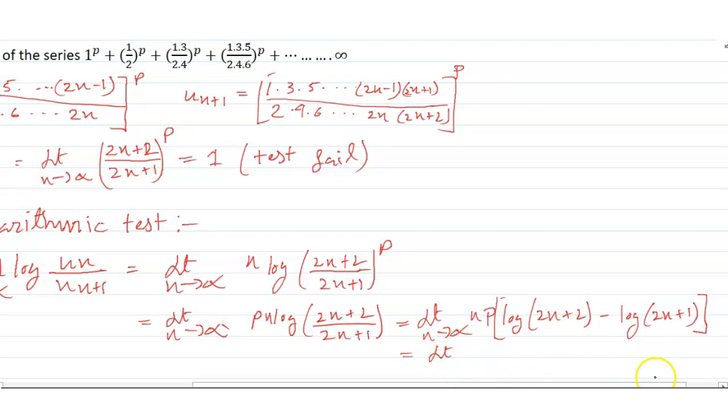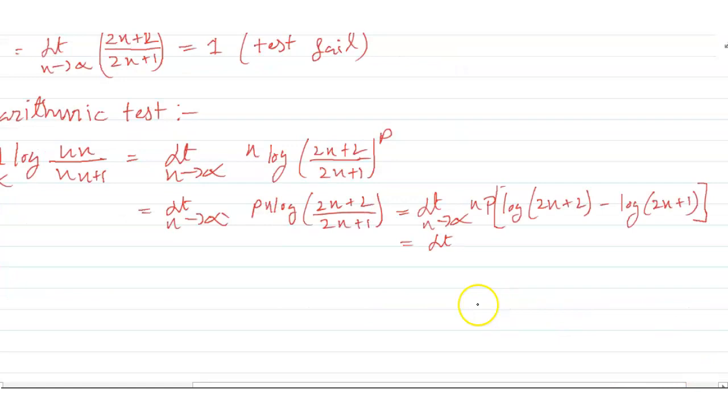So it can be written limit n tends to infinity p into n into (1 by n minus 1 by 2n square plus 1 by 3n cube up to infinity).